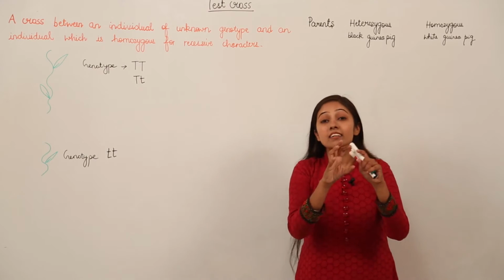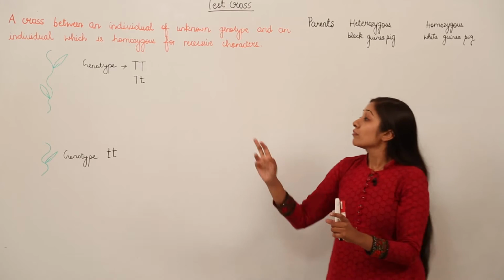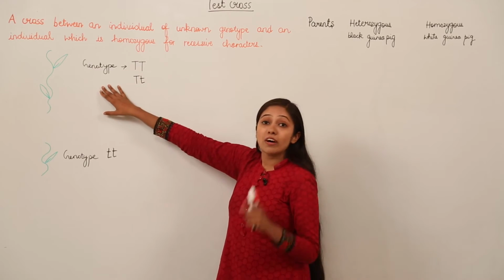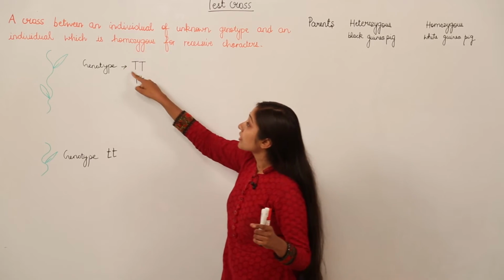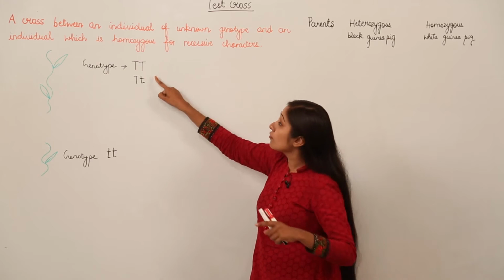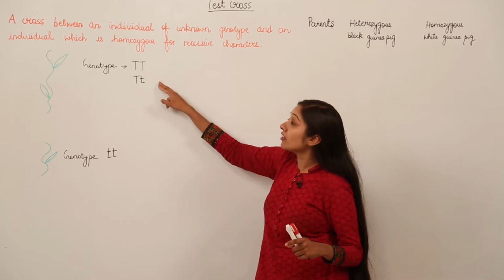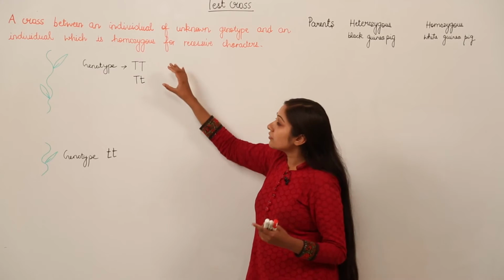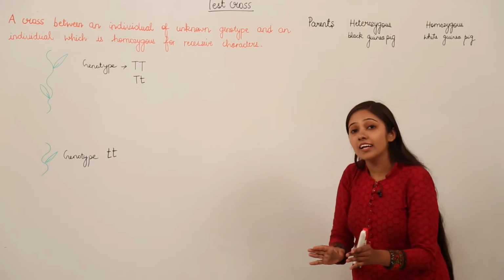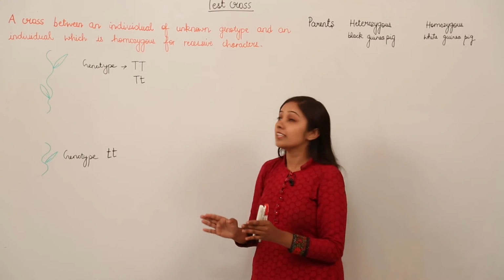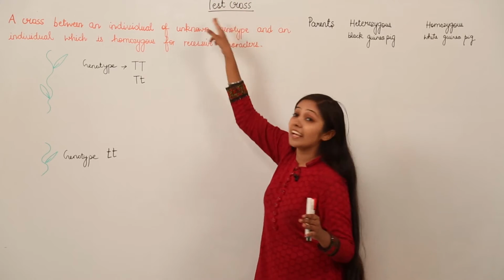From the results we are going to make out whether the genotype of one of the parents was homozygous dominant or heterozygous dominant. Because we analyze the genotype of the organism, we call this very special cross a test cross.